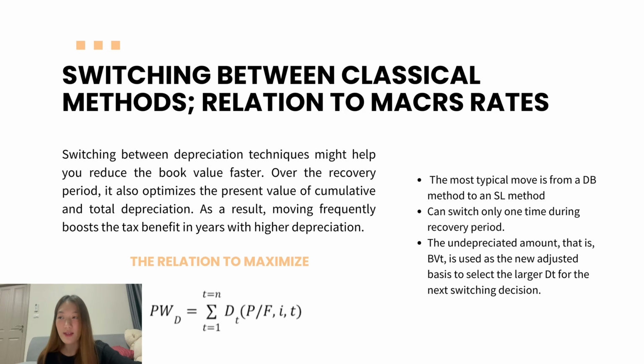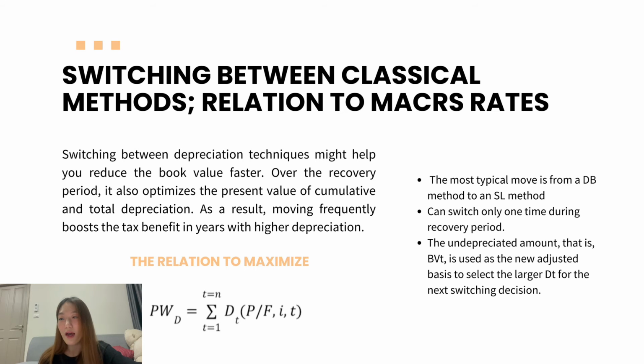For Chapter 6, switching between classical methods, relation to MACRS rates. Switching between depreciation techniques might help you reduce the book value faster over the recovery period. It also optimizes the present value of cumulative and total depreciation. As a result, moving frequently boosts the tax benefit in years with higher depreciation.